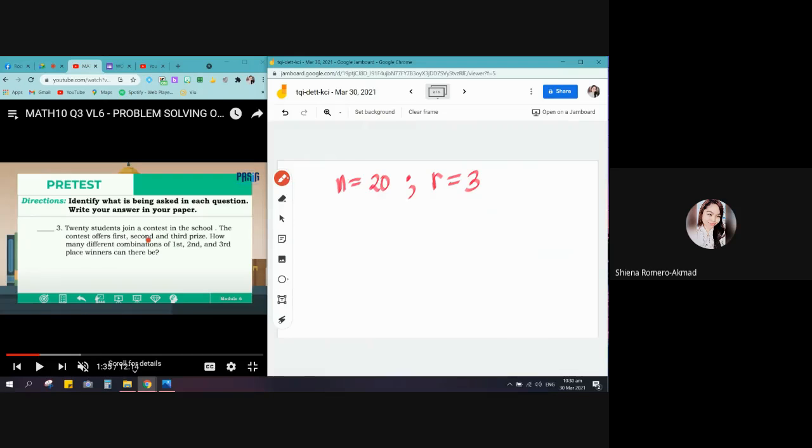Okay? So, that is the case. You have number of students and the number of prizes. You will use permutation formula, and that is permutation of n taken r at a time equals n factorial divided by n minus r factorial. So substitute natin si n, we'll have 20. Permutation of 20 taken 3 at a time. We'll have 20 factorial divided by 20 minus r factorial.